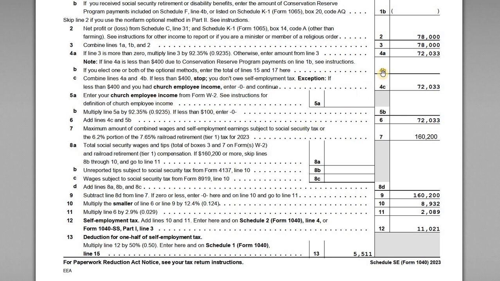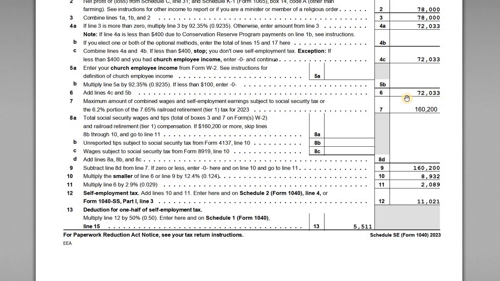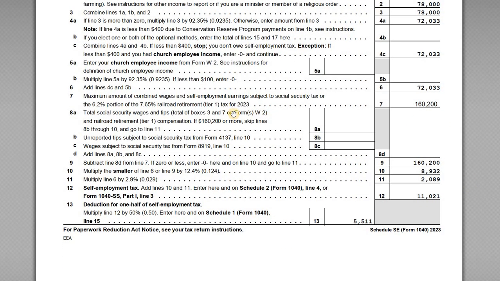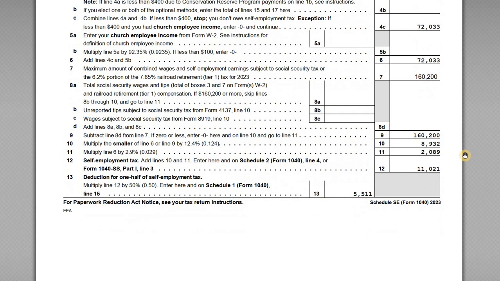We're not church employees, so that's why 4B, 5A, and B are blank. $160,200 is the Social Security wage limit for 2023. So on line 10, we are multiplying the smaller of line 6 or line 9 by 12.4%, which gives us $8,932. And then we do the same to line 6 by 2.9% to get the Medicare portion of the tax, $2,089, and we're left with $11,021.